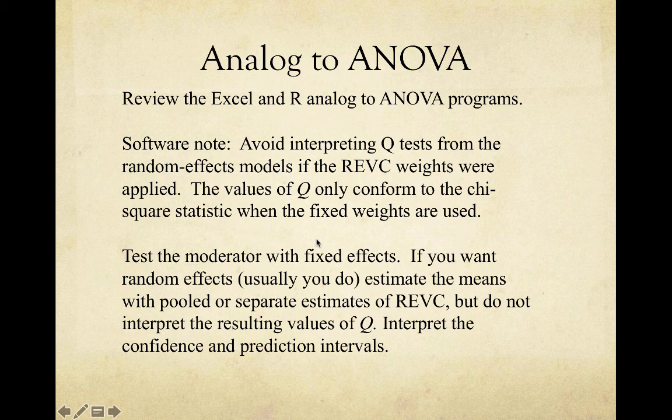So don't look at the significance of the Q-tests for the places where the weights were applied. So the Q values, they're only good when you have fixed weights. So if you're going to do the test yourself, you want to use the fixed effects. But you don't really have to worry about that too much because metafor is going to do the work for you and it'll give you the right results.